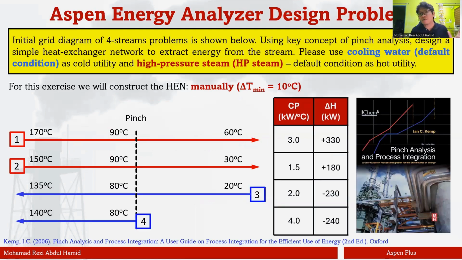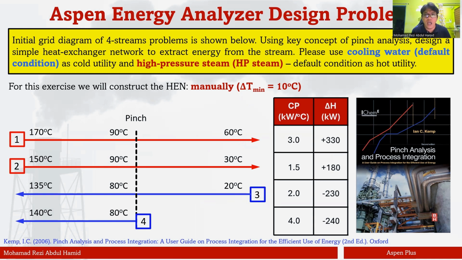All right, I'm going to use the same design problem that I used in my earlier videos. For the sake of refreshing your memories, basically in this design problem, we have 4 streams that need to be heated up or cooled down, and we need to design our own heat exchanger network.